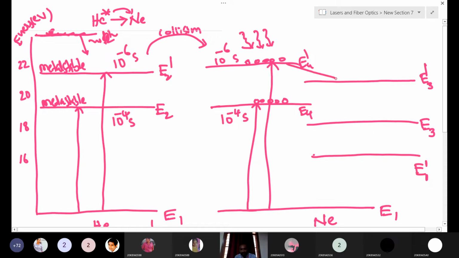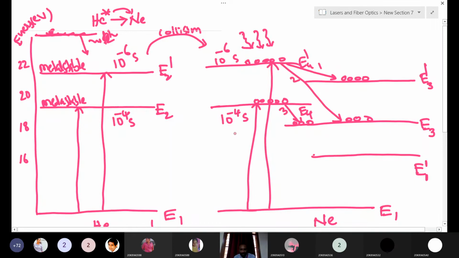They can come here and they can come here. Here there are two energy levels, and the atoms can come to either. From E4 dash also, the atoms can come here, there is a probability. How many transitions are taking place here? Total three transitions, this is first, this is second and this is third.